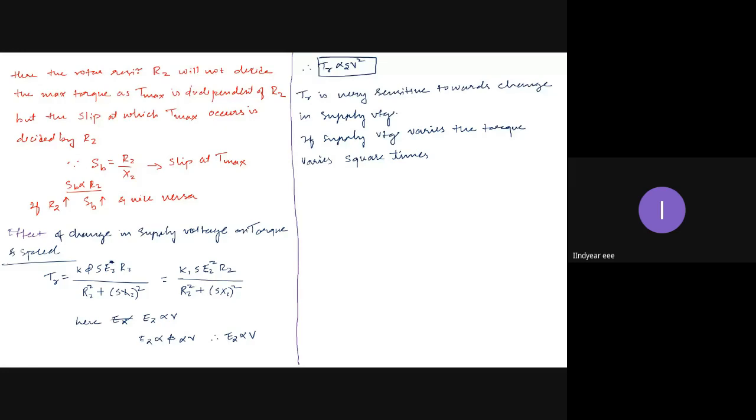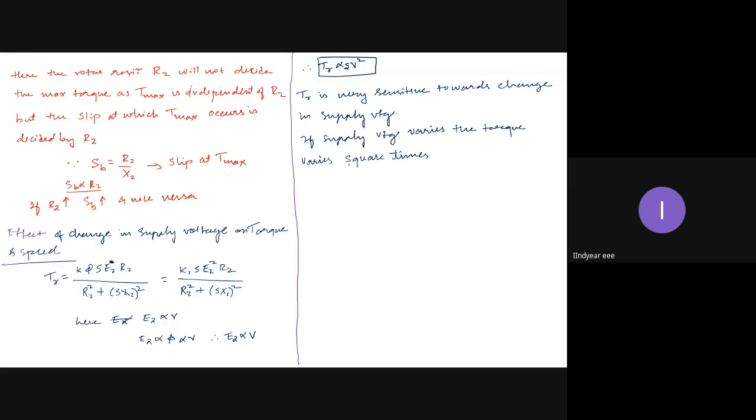So if supply voltage decreases, then torque also decreases. When torque decreases, speed will also vary and slip will also vary.